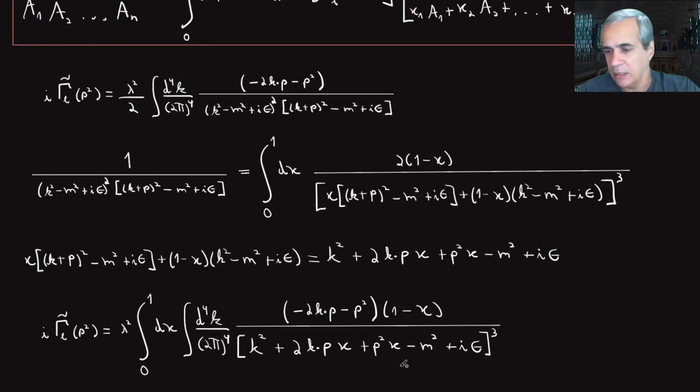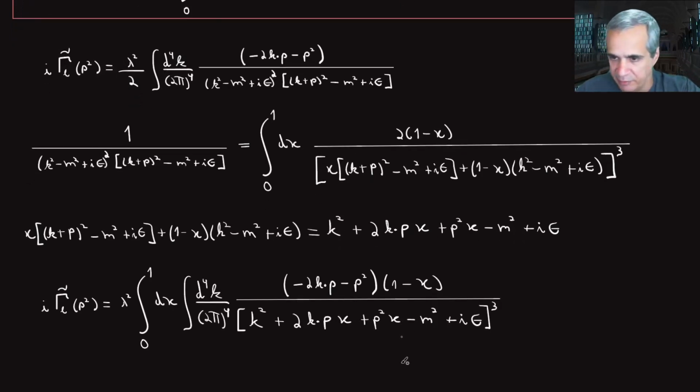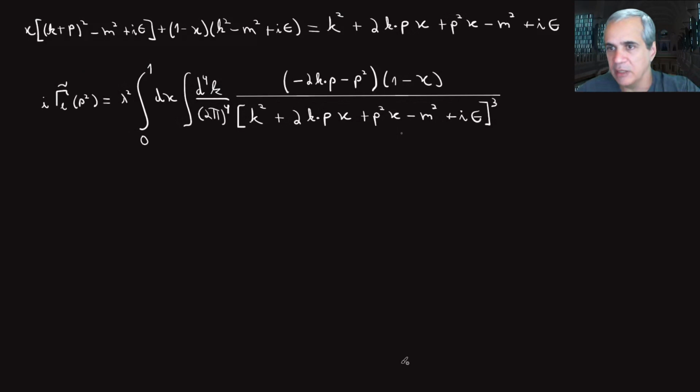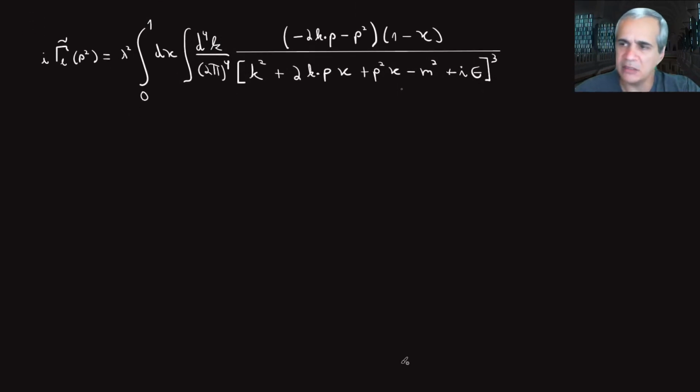One of the big advantages of the Feynman parameterization, let me move this up top, is that you always get something just like that, right? It's something where the highest power in the momentum in the loop is to the power of 2, and some complicated stuff with it. But this complicated stuff can be at most linear in K, right?